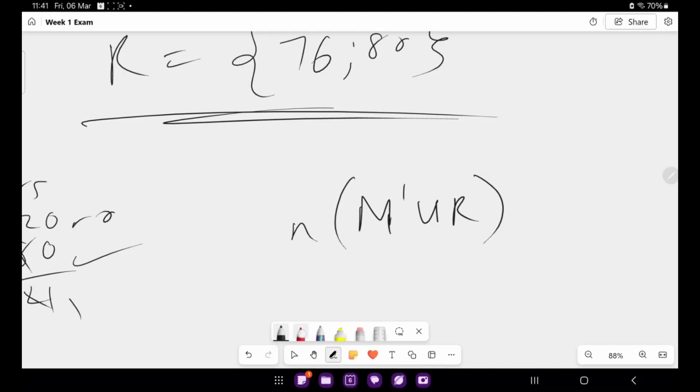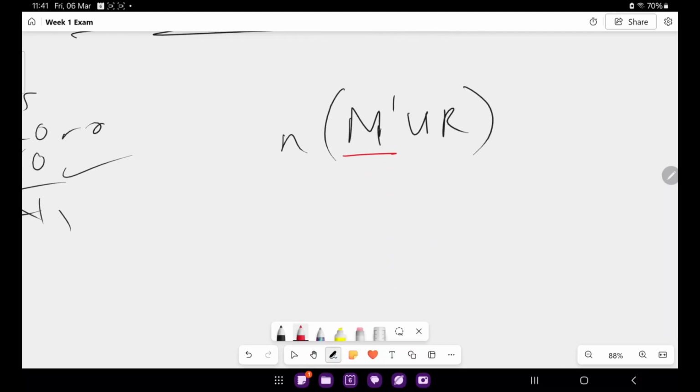So first, we want to deal with M complement. So usually I would first list the elements of M, which is 76, 78, and 80, right?